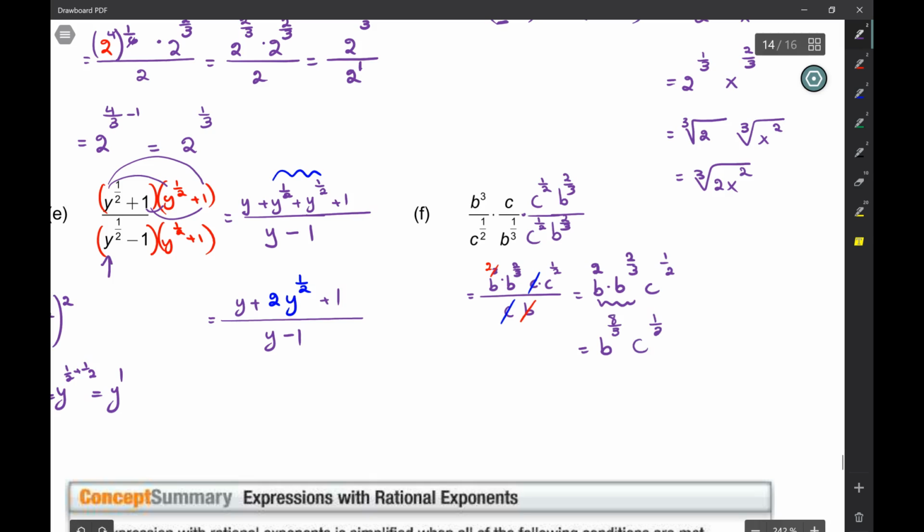C to the 1/2. This 2, I had B cubed here, and then 1B here. Yeah, okay. All right.